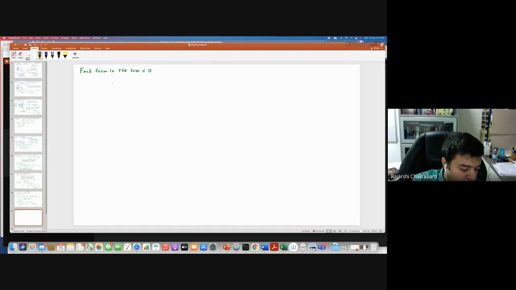Which basically means that I can write ln gi by ni minus a minus alpha minus beta epsilon I is equal to 0. Fine?